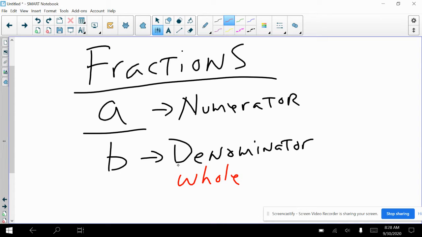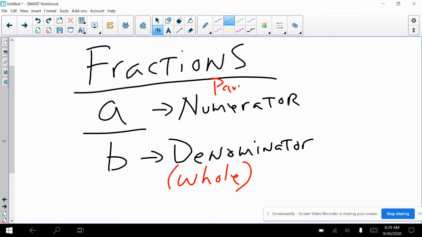Okay, we'll put some numbers to this in a minute. Once again, how many parts it takes to make a whole? One whole. What's the numerator? Michael? Okay, so that is correct.